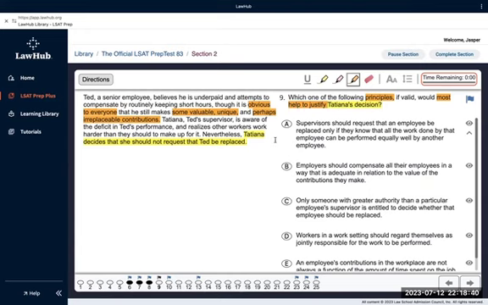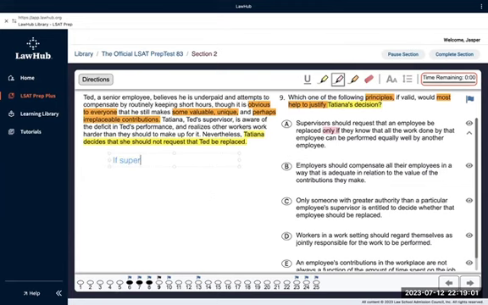Supervisors should request that an employee be replaced only if they know that all the work done by that employee can be performed equally well by another employee. So this sets up a necessary condition. Let's write this out.